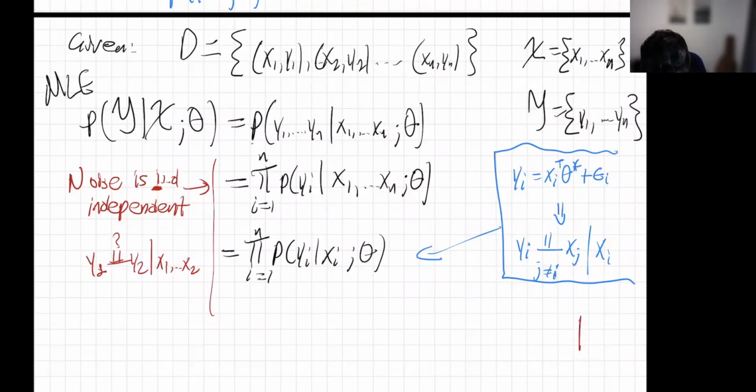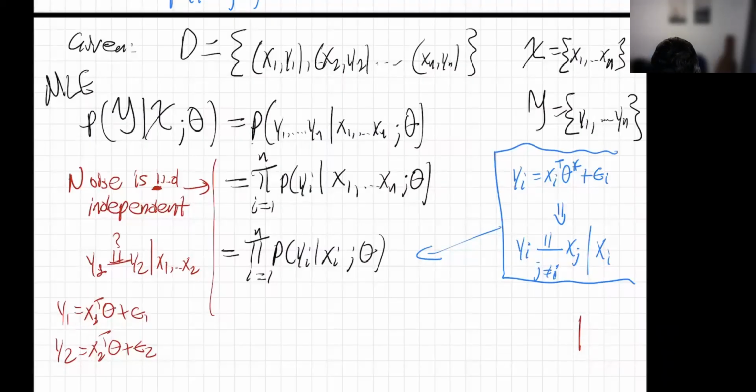Okay, so conditioning on all of the X's. If we look here again, we have Y1 equals X1 transpose theta plus epsilon 1, Y2 equals X2 transpose theta plus epsilon 2. That's how these two points are generated, okay? And remember, we're conditioning on X1 and X2 all the way through Xn, but X1 and X2 are what's important here.